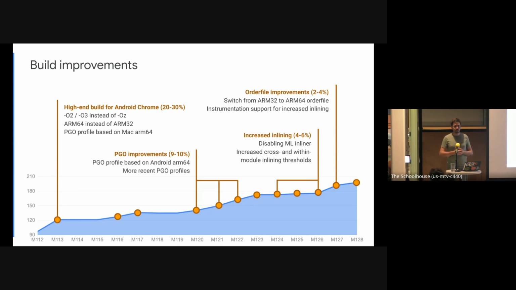Shipping an app on Android means you have to ship an app that works well on the high end, but also on the really low end, devices that have only little cores, very limited RAM, and flash that's very poor and very small. So binary size is a huge concern for those low-end devices, and that's why Chrome's build traditionally over the last decades has always been optimized for size rather than for speed.